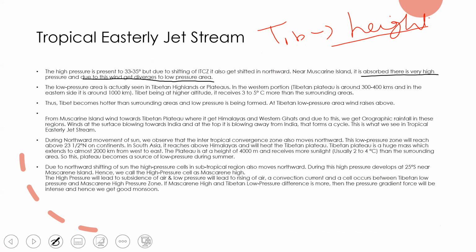Okay, and we know that a surface at greater height will have a greater albedo. Albedo means it will reflect many sun rays, so heating will be very high compared with other regions. Why?